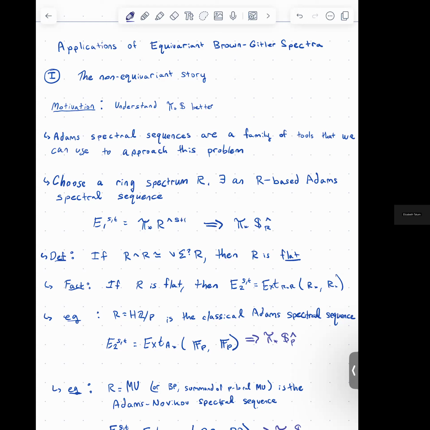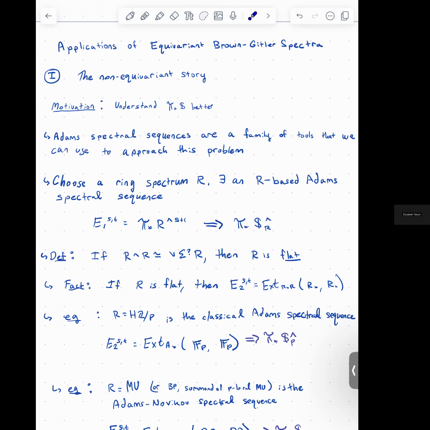Sorry about that. Anyway. Before I start talking about the applications of equivariant Brown-Gitler spectra, I want to first recall the non-equivariant story. And so first, just starting with some very broad motivation for why people are interested in Brown-Gitler spectra.